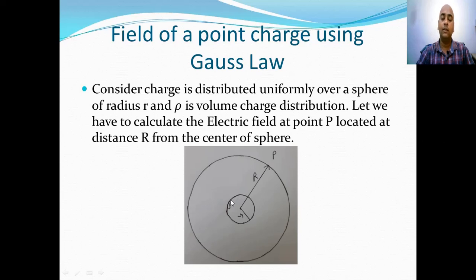That is, this sphere of small radius r is taken as a point charge.